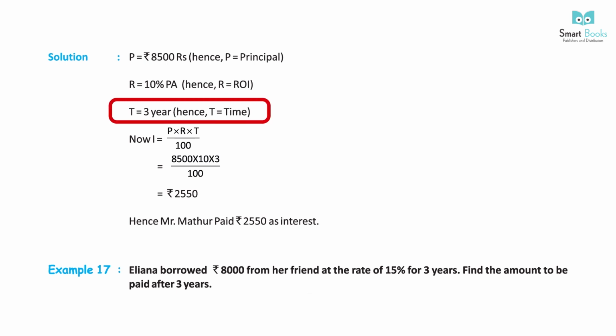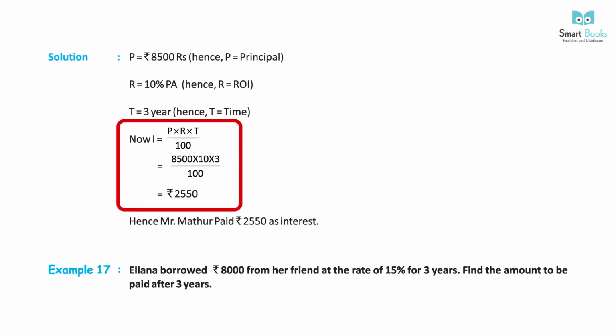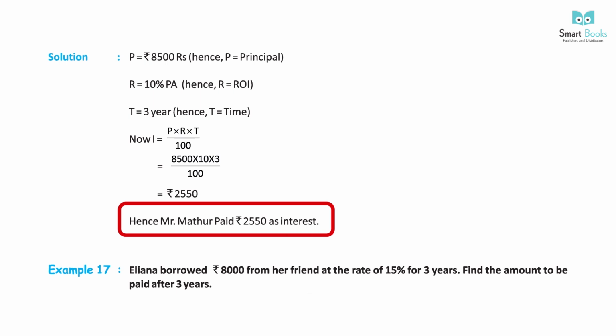T is equal to 3 years, where T is time. Now, I is equal to P into R into T upon 100, which is 8,500 into 10 into 3 upon 100, which is rupees 2,550. Hence, Mr. Mathur paid rupees 2,550 as interest.